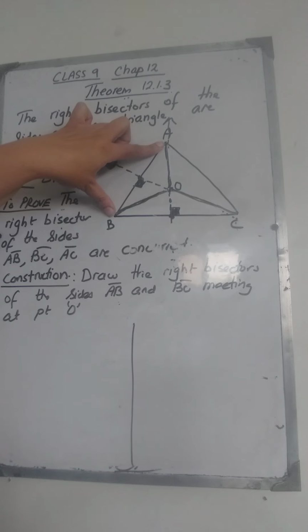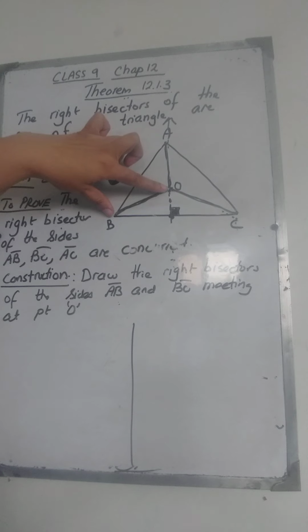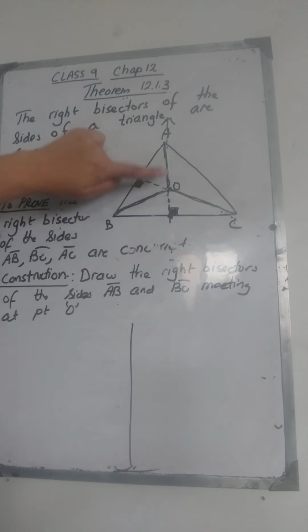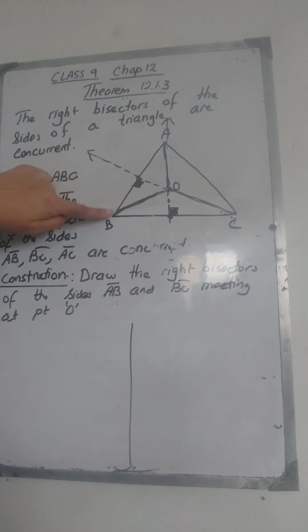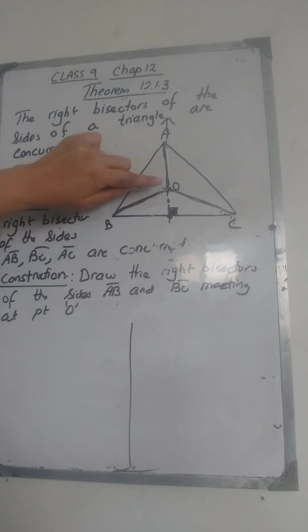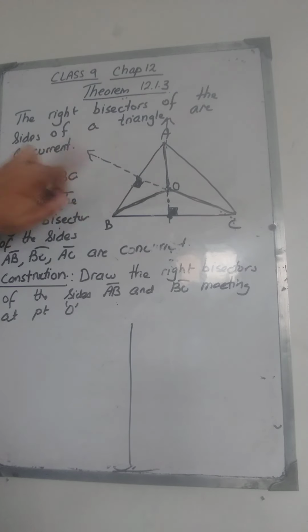What we learned there is that if you have a point on the right bisector of a line segment, AB being the line segment with these endpoints, then this O will be equidistant from A and B, because these are the endpoints of this line segment. As O lies on this right bisector, it will be equidistant from both endpoints.